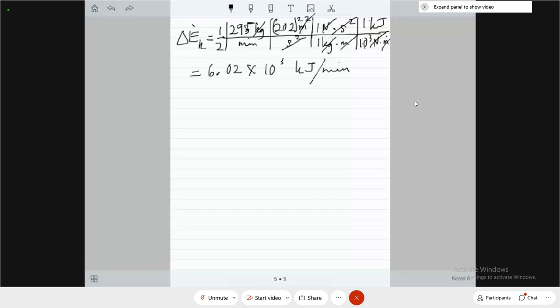Is it, guys? 295 divided by 2 times 202 square, and then divide by 1000. I got 5.97 times 10 to the 3. The rest of you guys?